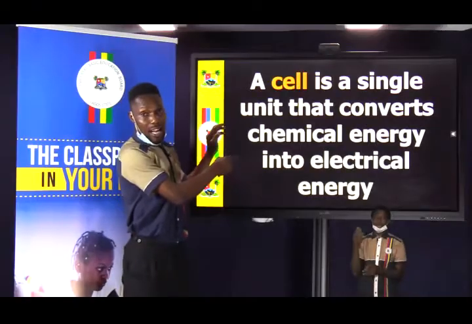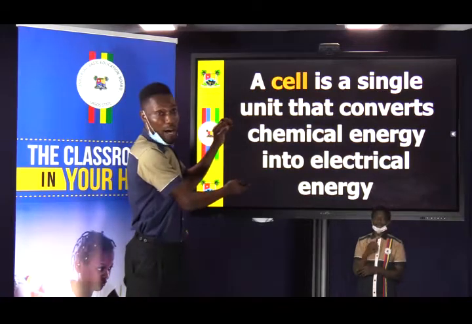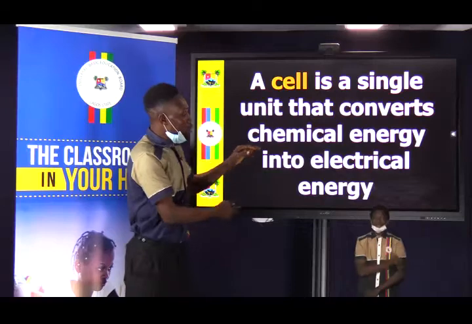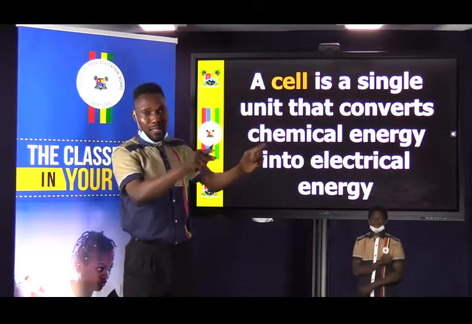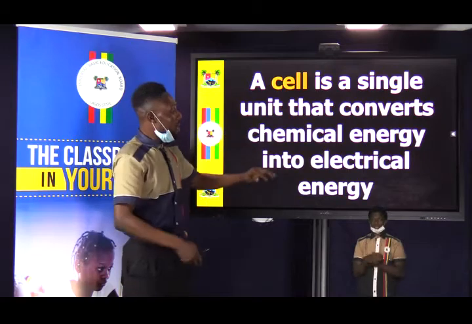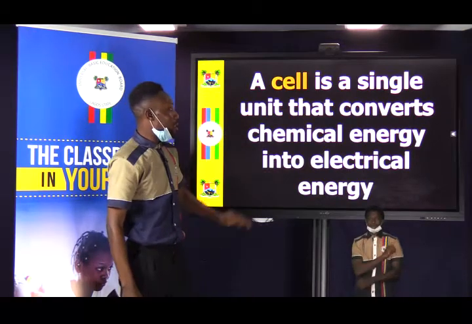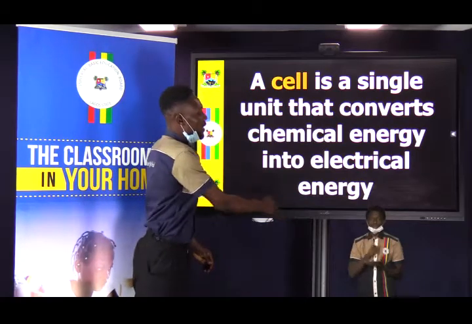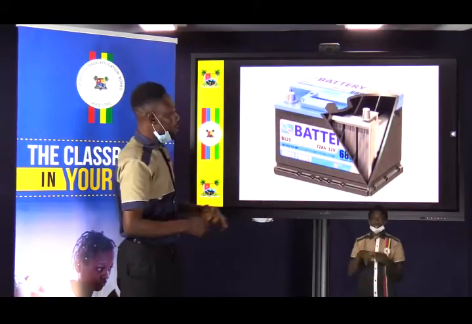Like the slide I showed you before, the cell we use is converting chemical energy to electrical energy, lighting the bulb.